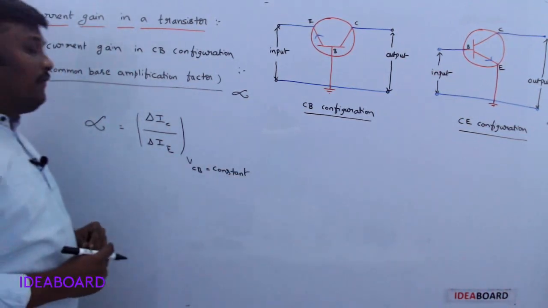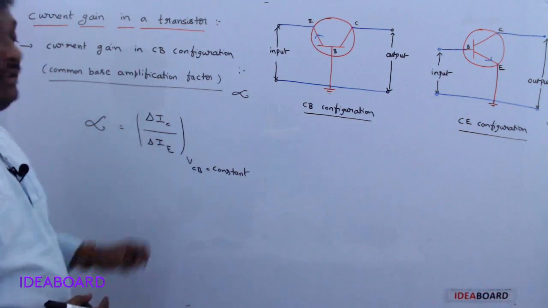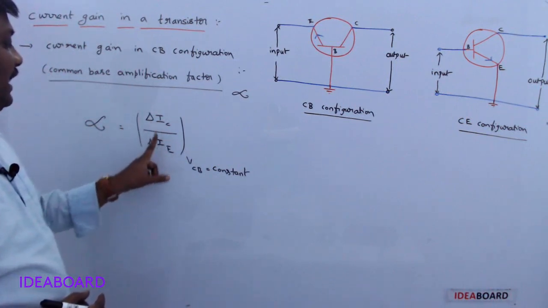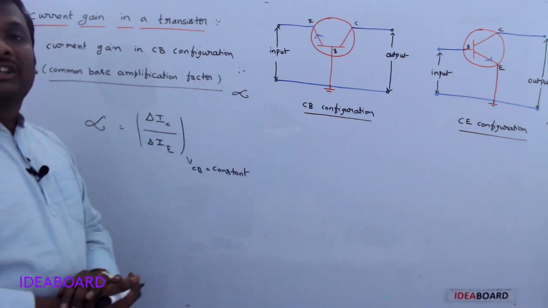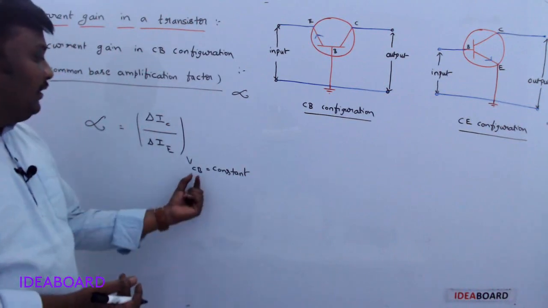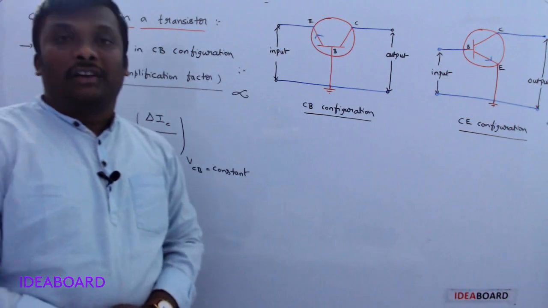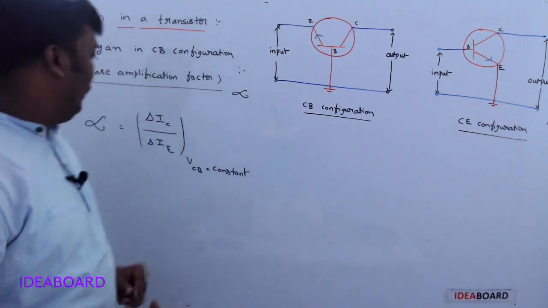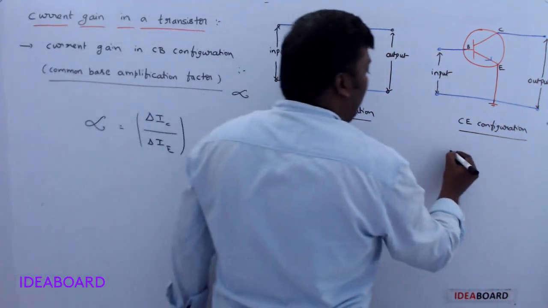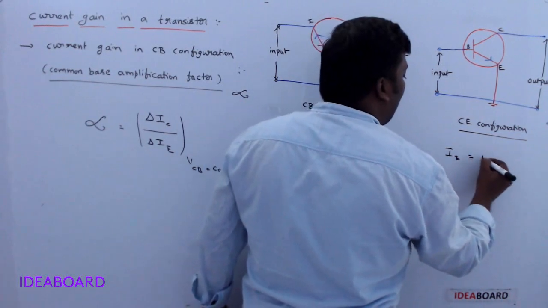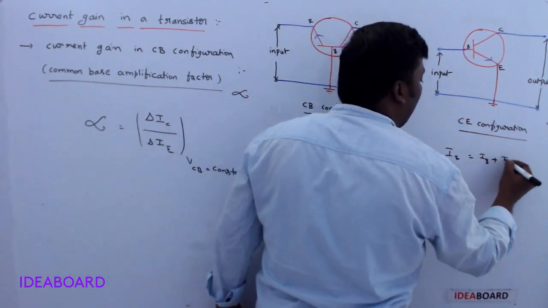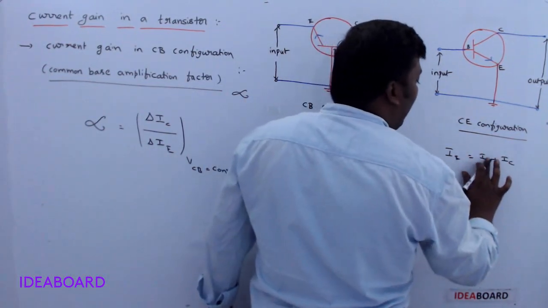So how can you define the alpha? It is the ratio of small change in collector current to the small change in emitter current when output voltage VCB is equal to constant. And we know IE value is more because we have one formula, IE is equal to IB plus IC. So IE value is always more.